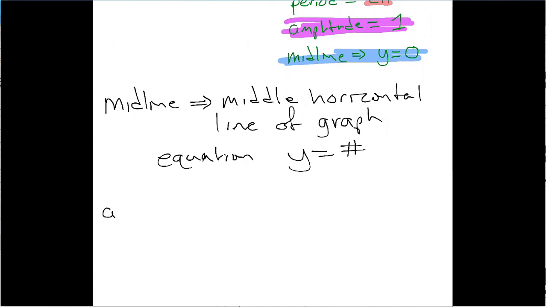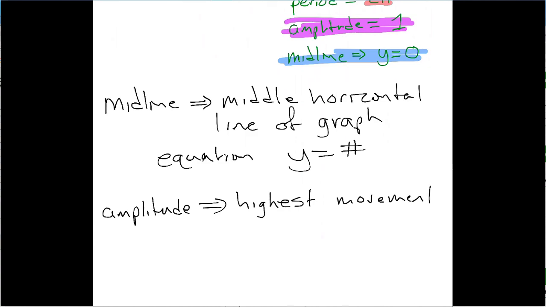The amplitude is the highest movement, I'm going to call it. Some physics teachers would call it displacement, movement from the midline. So how high up from the midline we went.